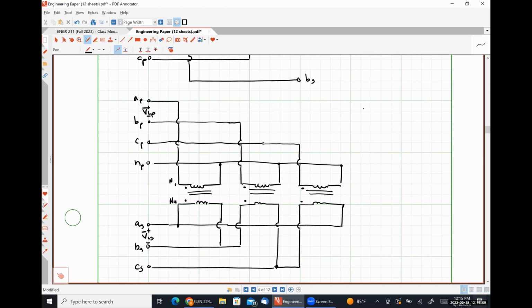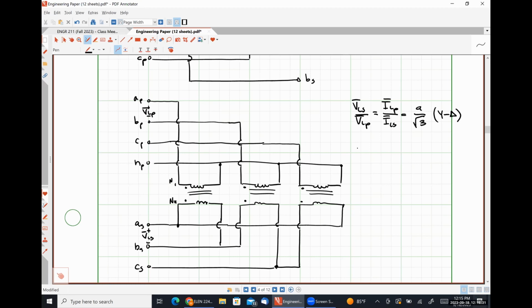So we have VLS divided by VLP is equal to ILP over ILS is equal to A over the root 3 when we're going from Y to delta.